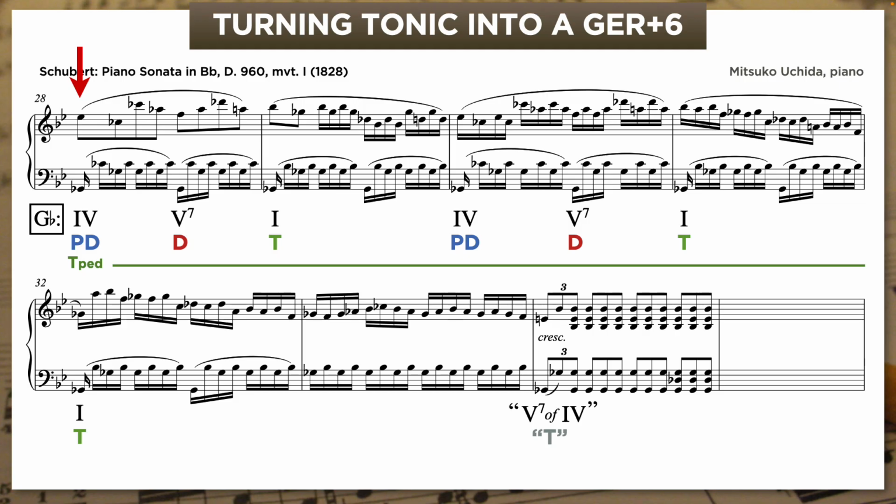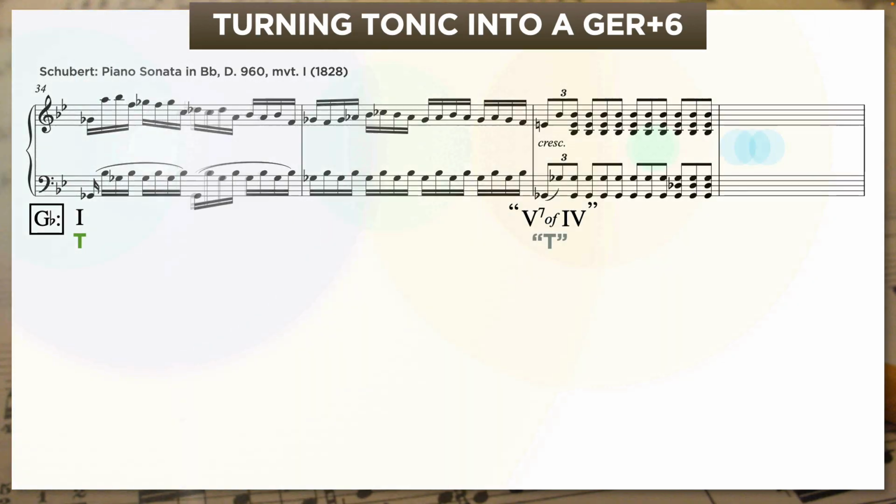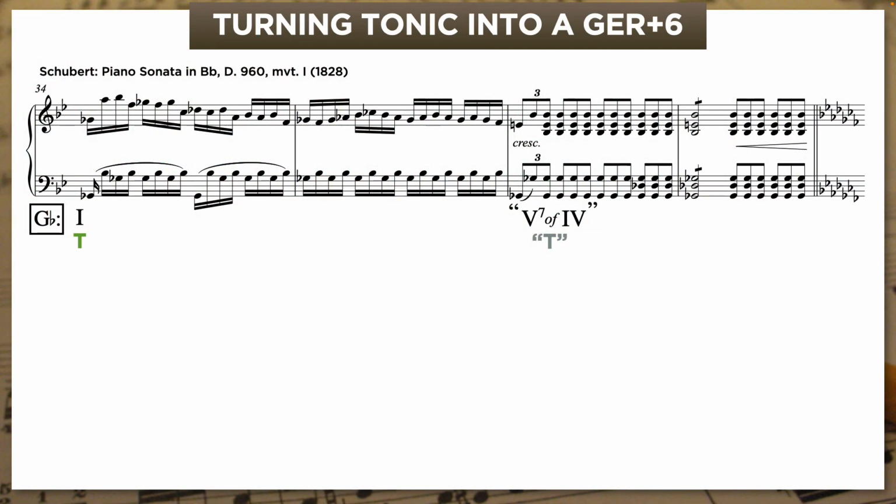And you can see on screen that that dissonant chord sounds, in context, like 5/7 of 4. And we can easily imagine it resolving to 4, maybe with some kind of triumphant return of the main theme in C-flat major.